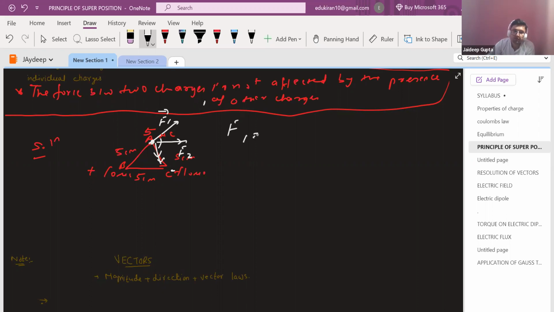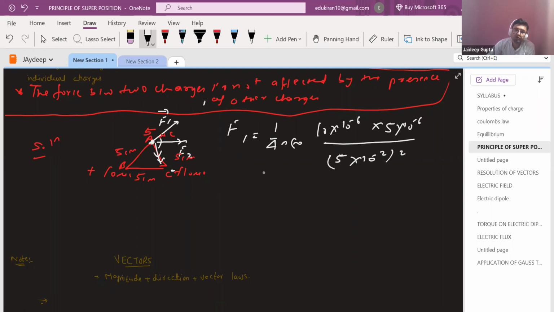So what is F1? F1 is 1 over 4 pi epsilon, into 10 microcoulomb, which means 10 to the power minus 6, into 5 into 10 to the power minus 6, over the distance squared. The distance is 5 centimeter, which means 5 into 10 to the power minus 2, whole square.